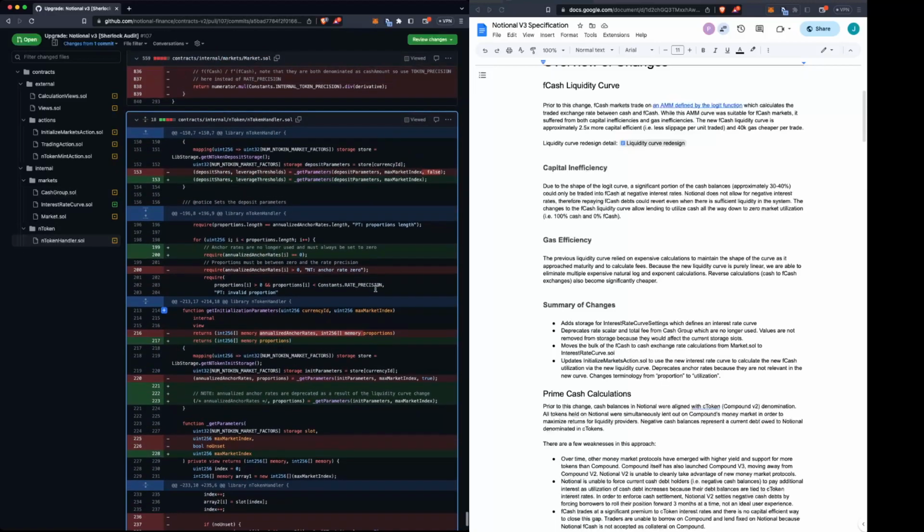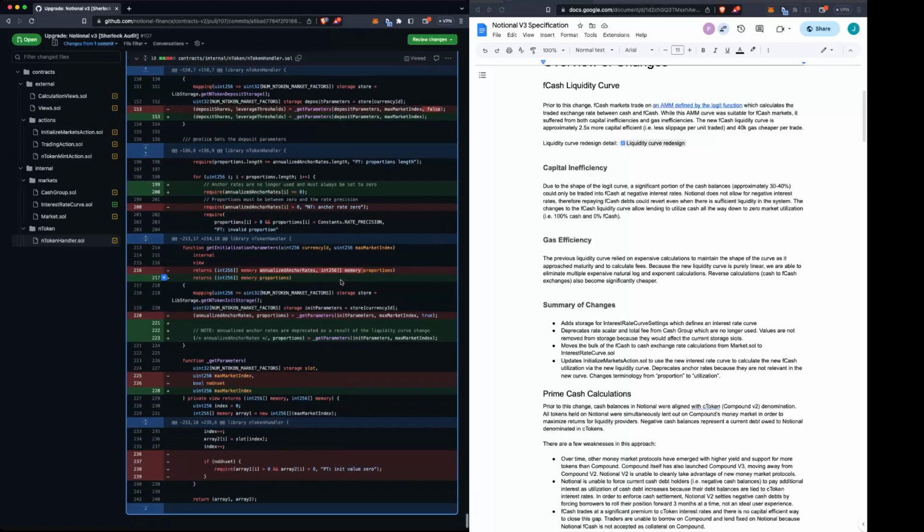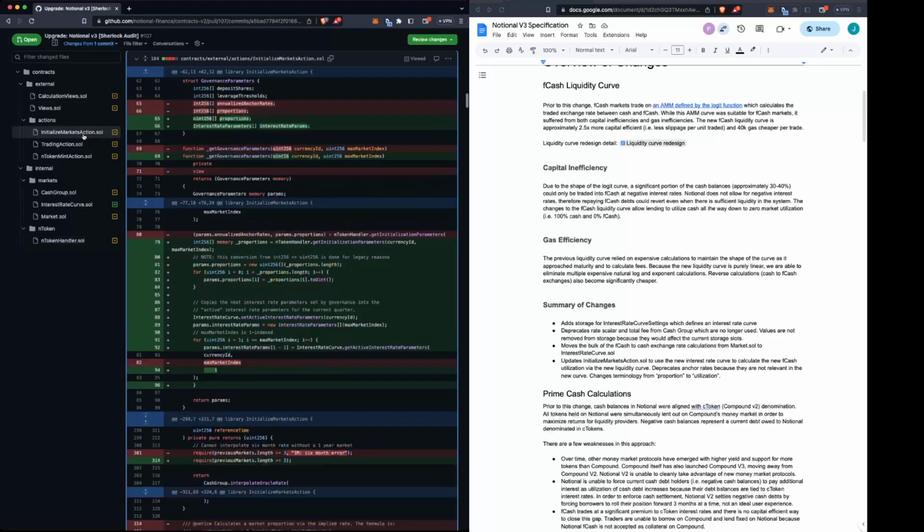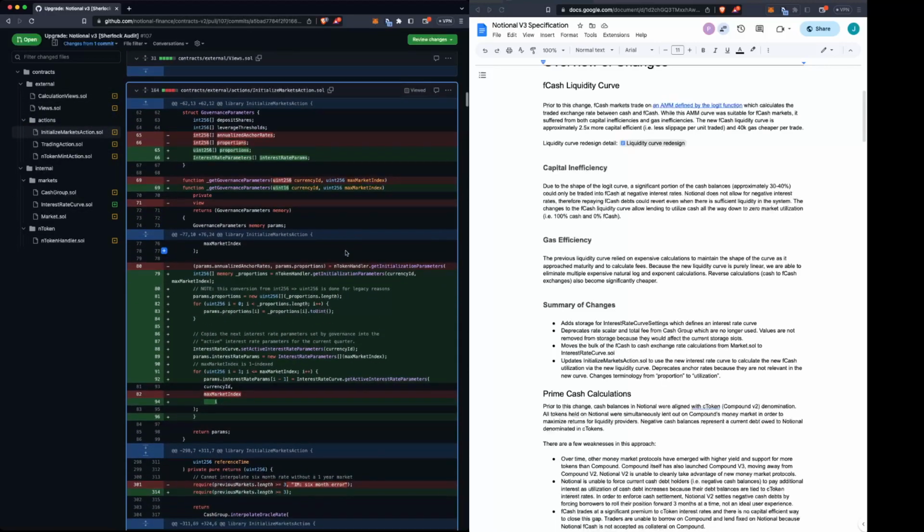Other than that, we can take a look at initialized markets. This is an area where we will see some effects of the new Fcash liquidity curve. Every 3 months in Notional, the Fcash markets will roll forward. It's a process that's described pretty well in the Notional V2 docs, and the process largely is not changing.